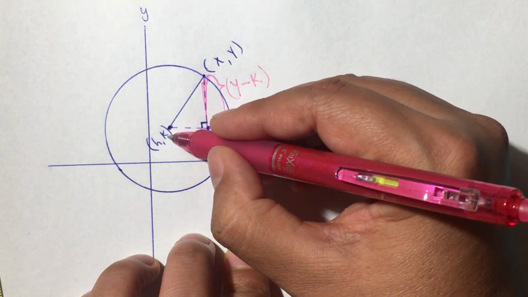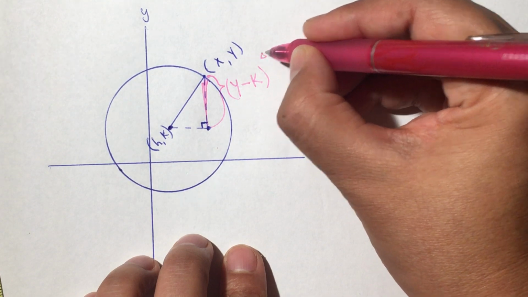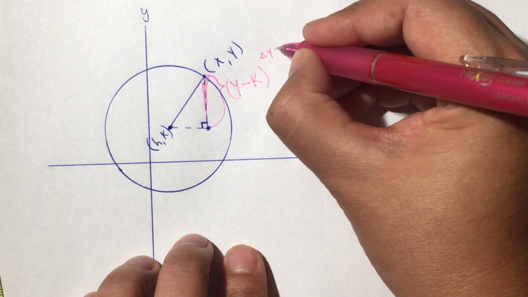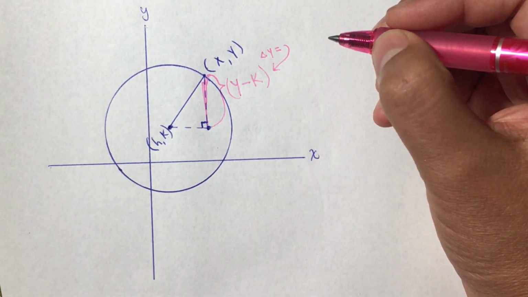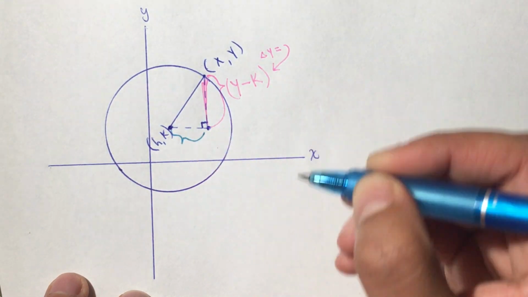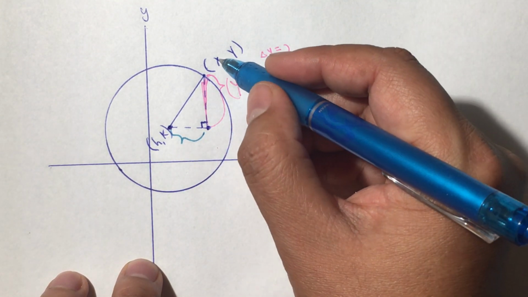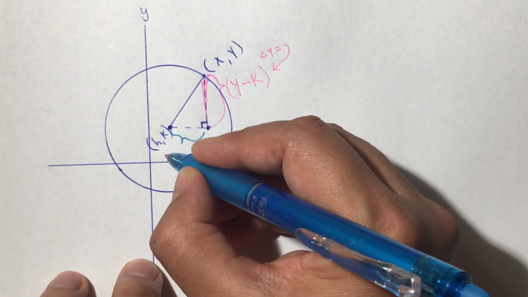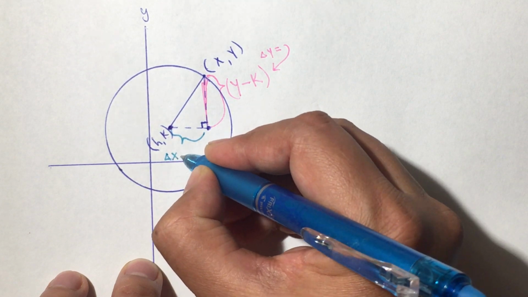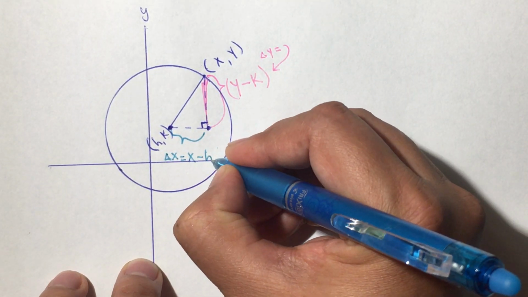Y minus k, because I'm just subtracting the y value because it's the change on y. And that's equal to that. For the distance here, that's going to be, again, I'm just subtracting the x values because it's the change on x. So it's x minus h.